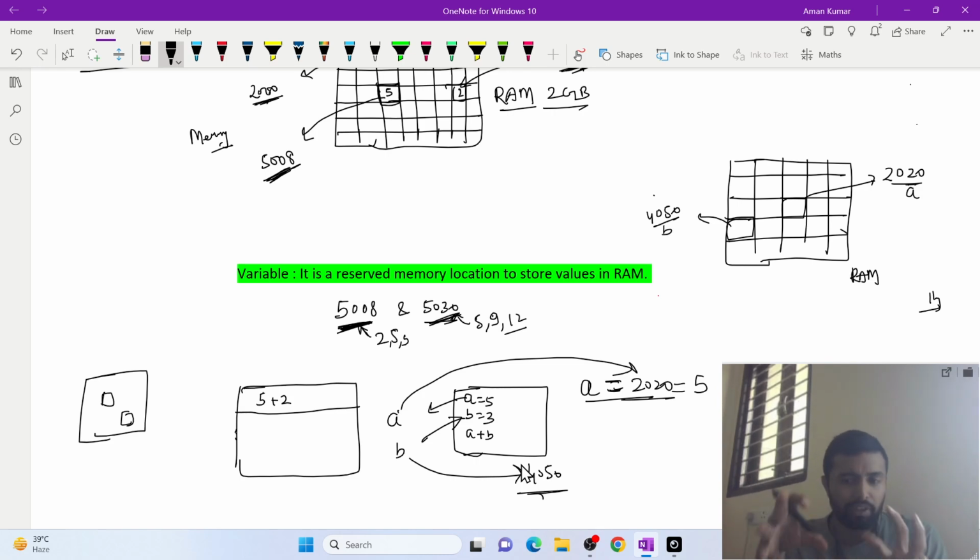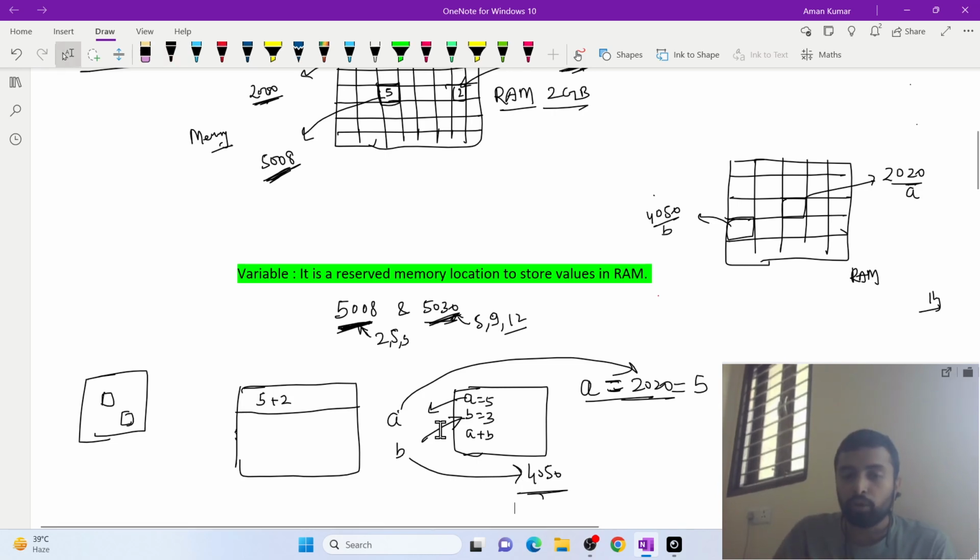So what we are trying to understand is that a variable is a reserved memory location to store a value in RAM. But whenever you write code, you will not be using the exact memory location. You will be writing a symbolic name for that memory location.